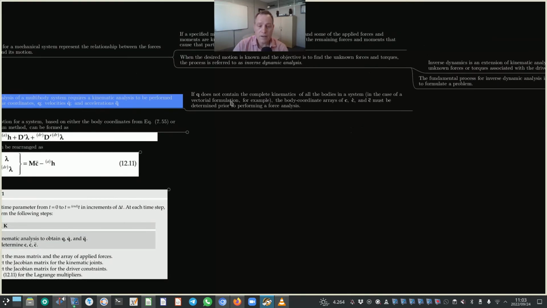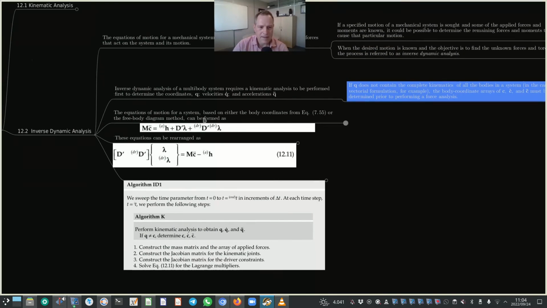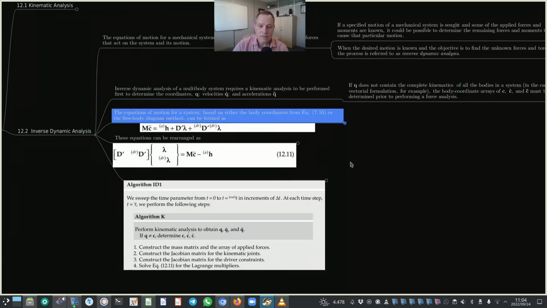Now, if q, the algebraic column vector, does not contain the complete kinematics of all the bodies in a system, as in the case of a vectorial formulation, for example, the body coordinate arrays, which Newton-Raphson chooses to denote C, C dot, and C double dot, must be determined prior to performing the force analysis.